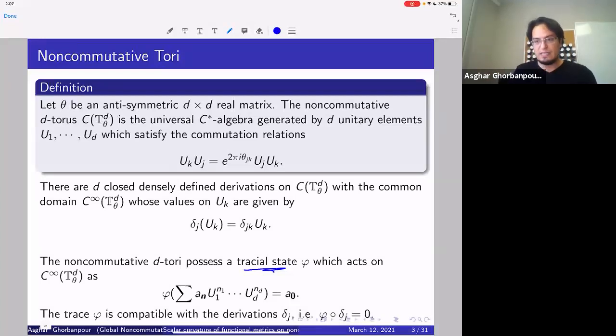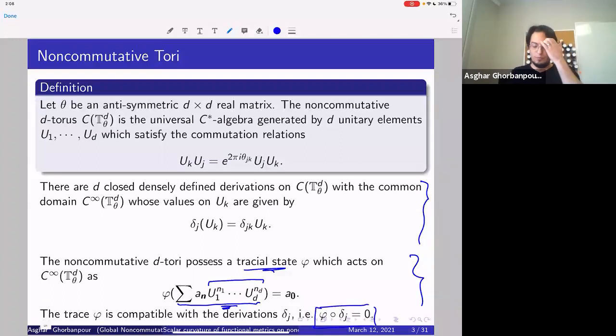The way it is defined is that if you take an element of this form, it picks the coefficient of 1 when you look at the expansion of that element in terms of powers of the U_k. These two things, integration and differentiation, have good properties. They respect each other.